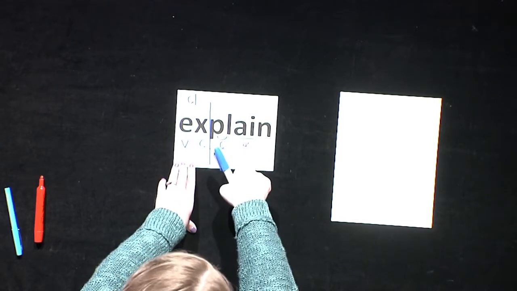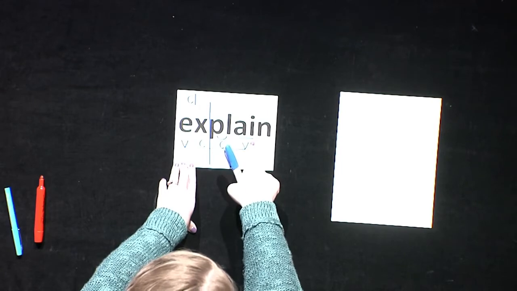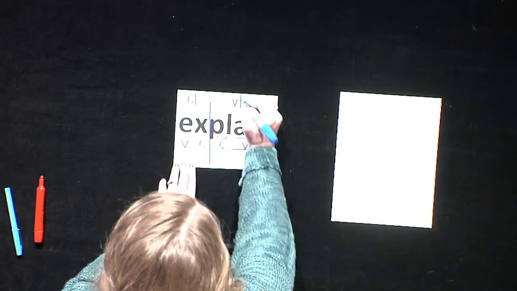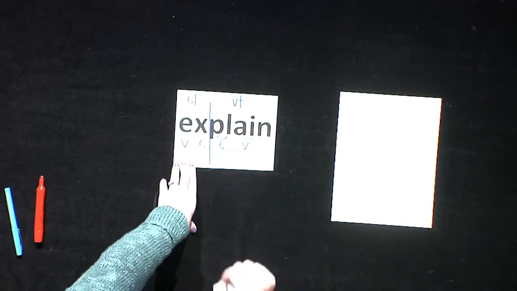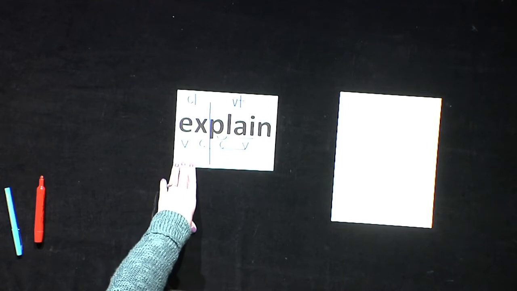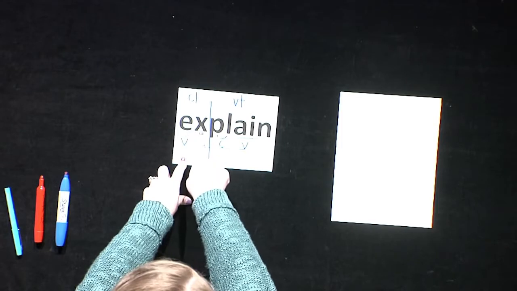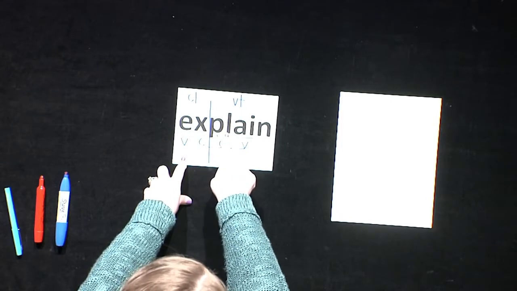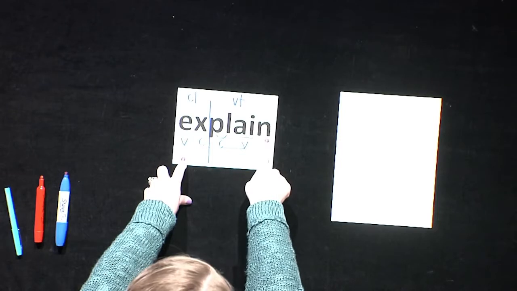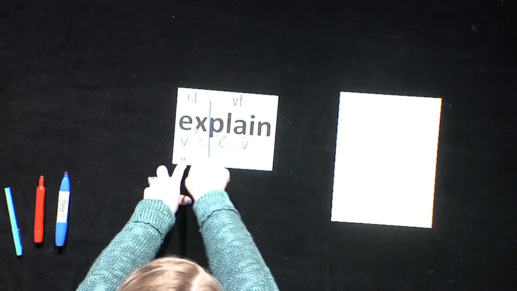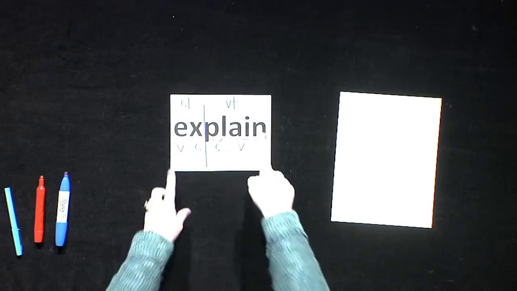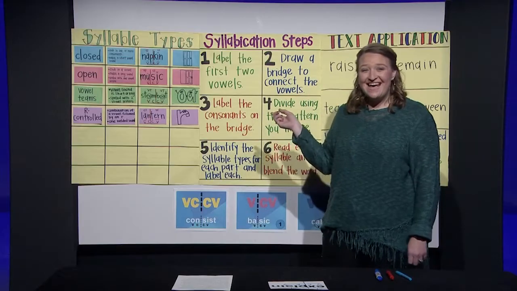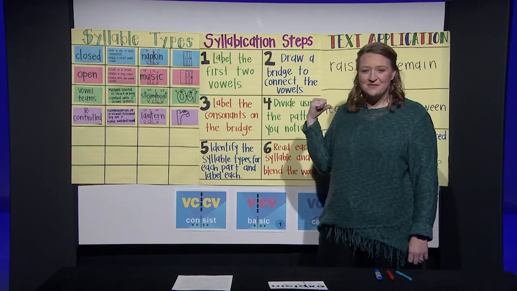My second syllable, I see my vowel team AI, so I will label this vowel team syllable. And I know my vowel will say A. Step six tells us to read each syllable and read the whole word. So I have ex, plain. When I put it together, I get explain, explain. We will make sure that we explain each part of our lesson today as we're working through vowel team syllables.